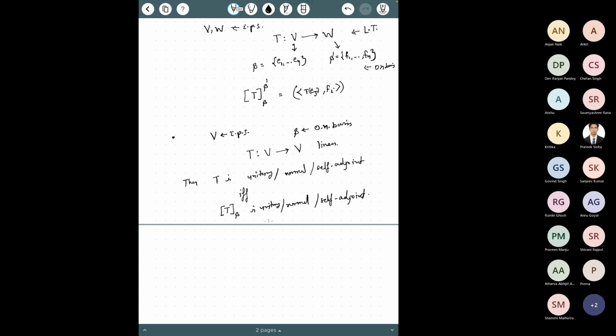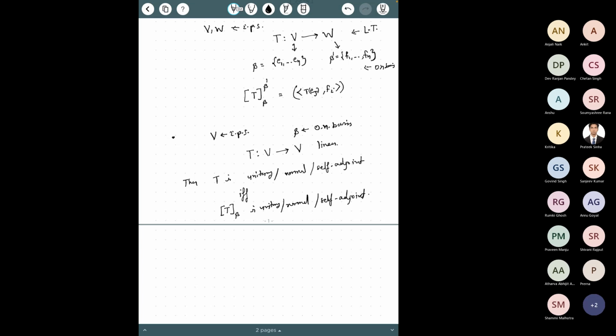And we know that for any matrix A, the column rank and the row rank are the same and equal to the rank. And if you have a linear operator T and you find its matrix representation with respect to any basis, then the rank of T as an operator is the same as the rank of its matrix representation.